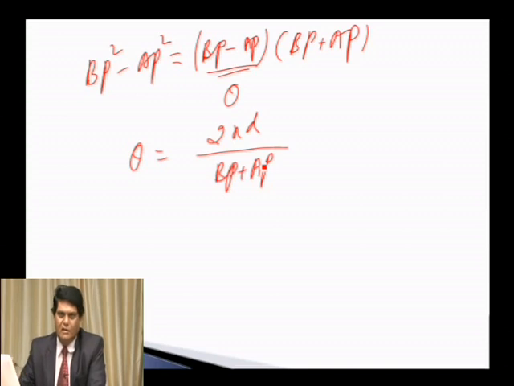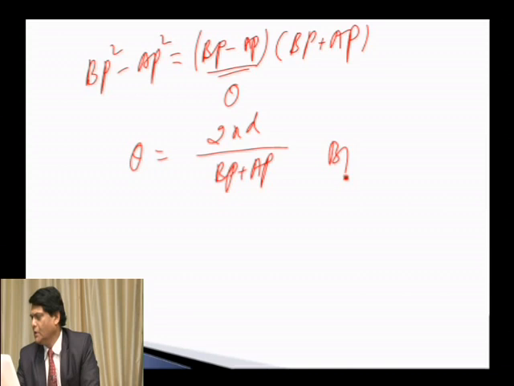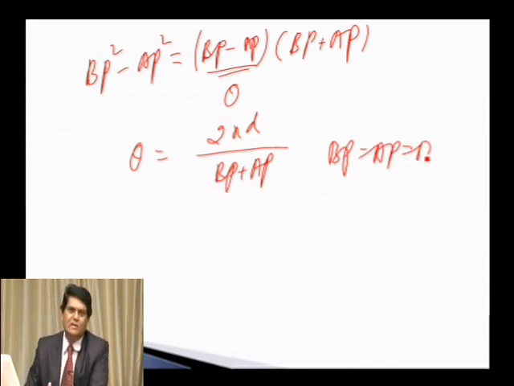Just look at the figure. Let us imagine that the distance between the image screen and the source is large enough. Then bp and ap are almost equal, that is bp is equal to ap, which is equal to capital D, the distance between the source and the image screen.